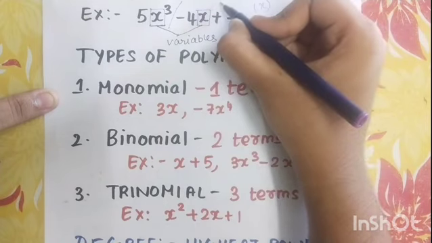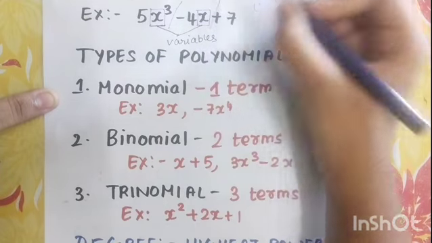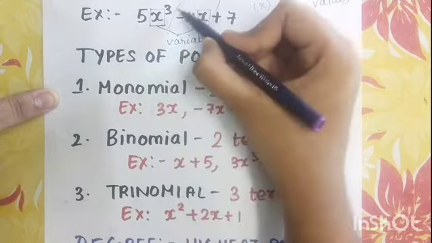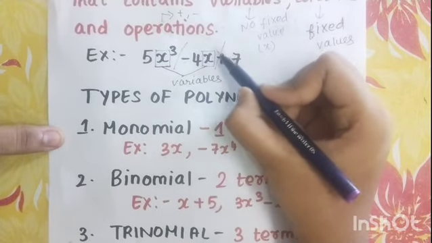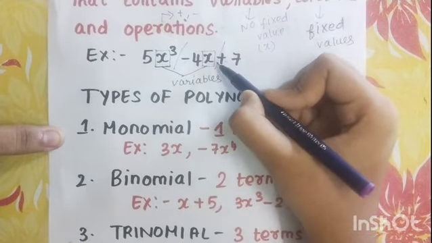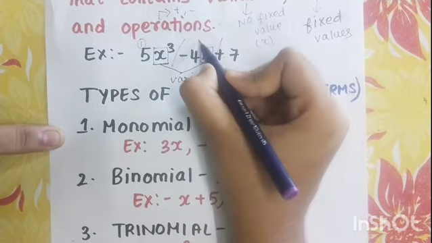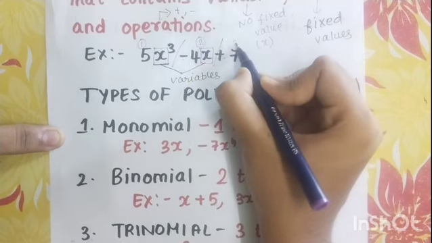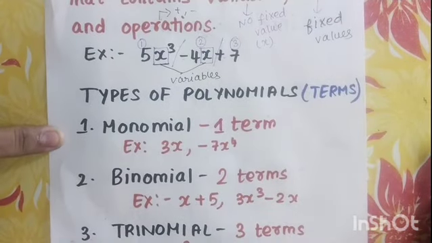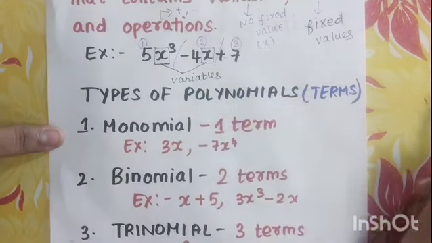I'm going to split at each operation. Before this minus sign I'm putting a slash, and before this plus sign I'm putting a slash. So this is my first term, this is my second term and this is my third term. So these are terms.